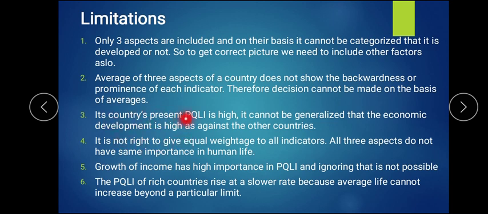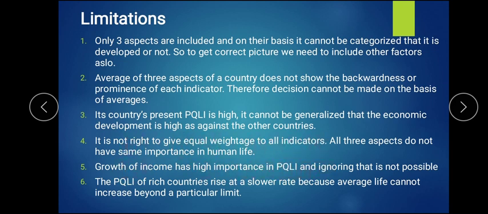If a country has a higher PQLI, we cannot say its development is also high, because sometimes PQLI is high but the country is still a developing country, not a developed country. So it is not right to give equal weightage.